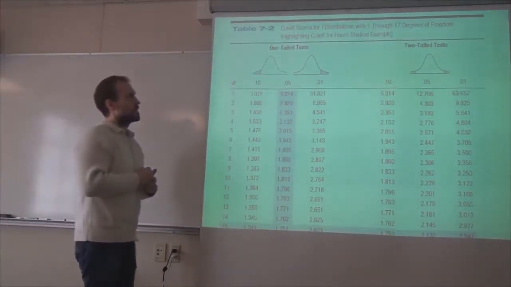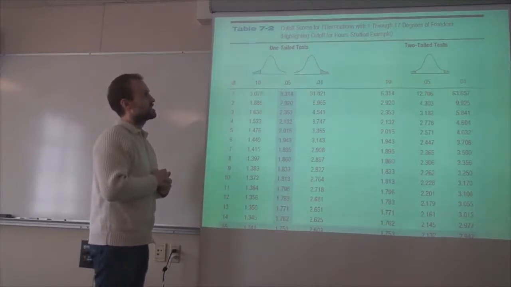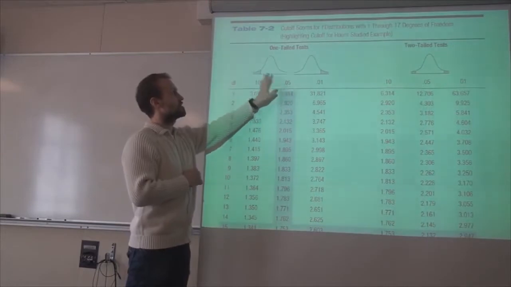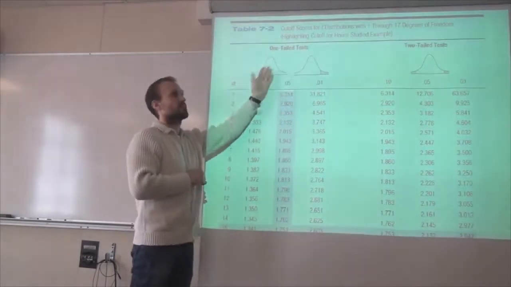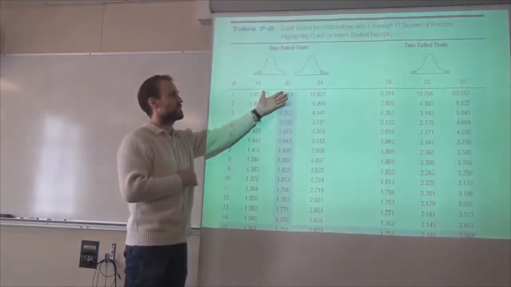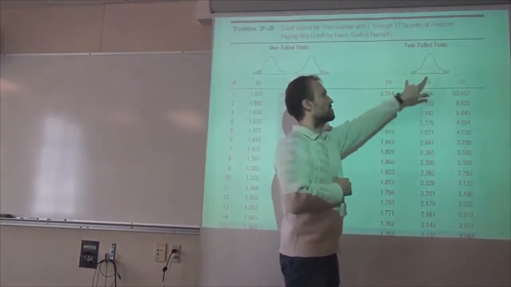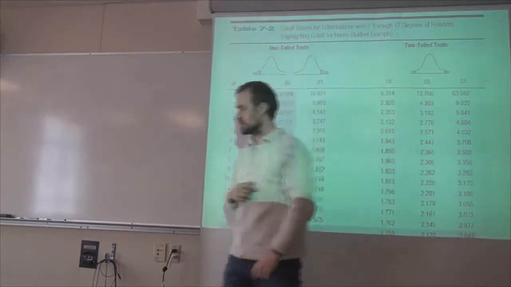So if I'm looking at 5% in the tail, this is for the one-tail test, either left or right, it's the same because of symmetry. Or I will have a two-tail test where the 5% is split up into two little pieces.